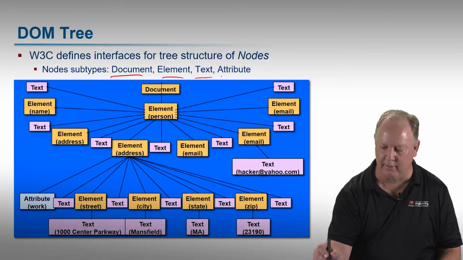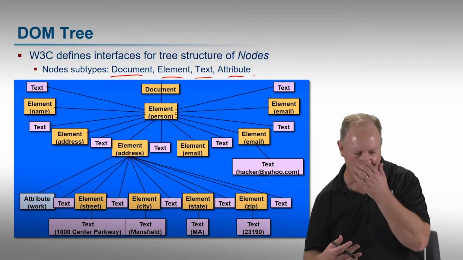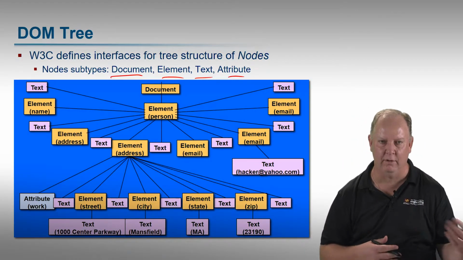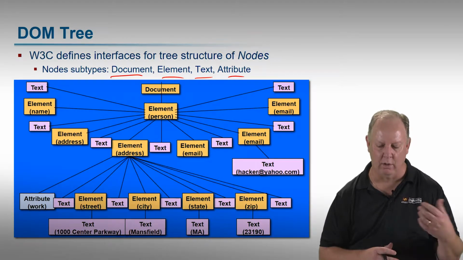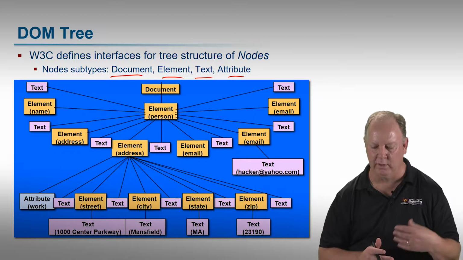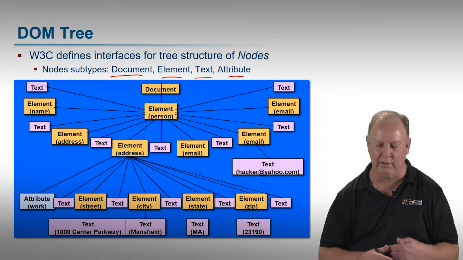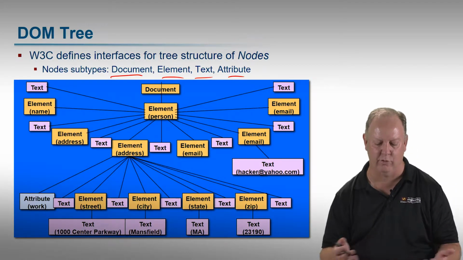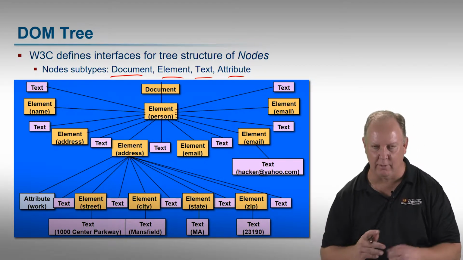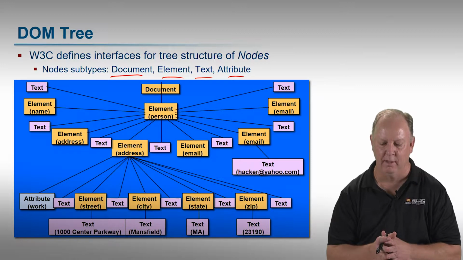The document, the element, the text, the attribute. These are the common things we're looking for. Normally when you're parsing a document, we're not looking for the processing instruction and so forth. We're looking for where our root element is, what the text is in the content model of an element, what the attributes and the attribute values are for different things, and that's what forms that tree.